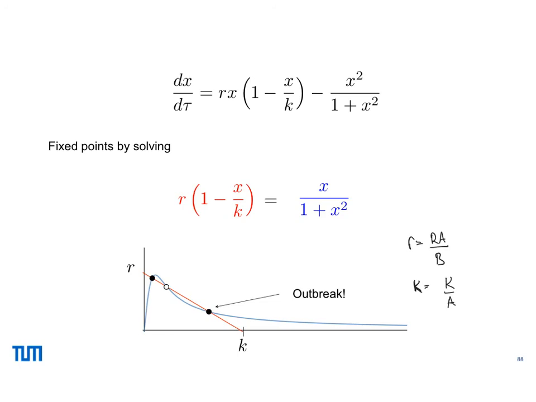There are two ways of changing these parameters. How do we change k? What does changing k actually mean? It means increasing the carrying capacity of the forest, or decreasing A, so decreasing how fast the predators reach the maximum amount.